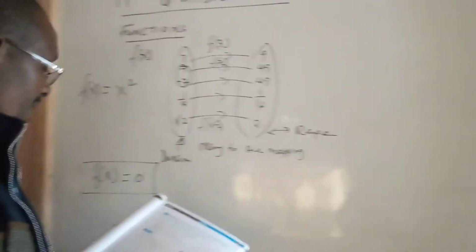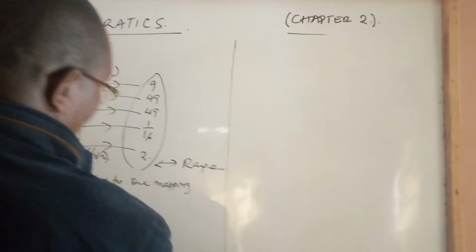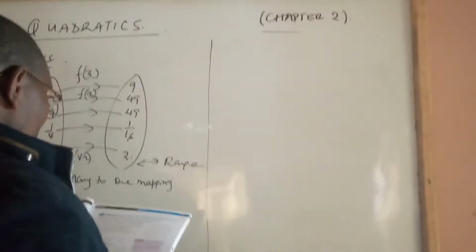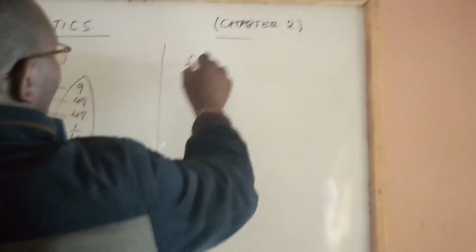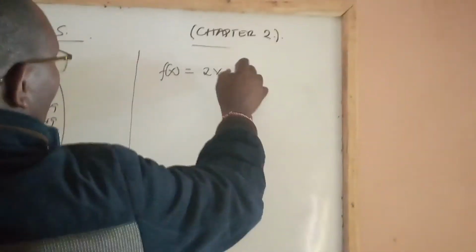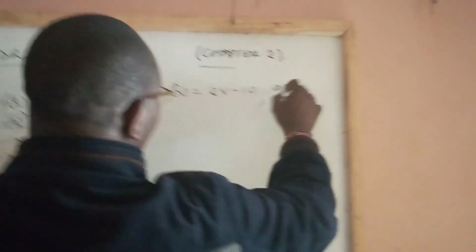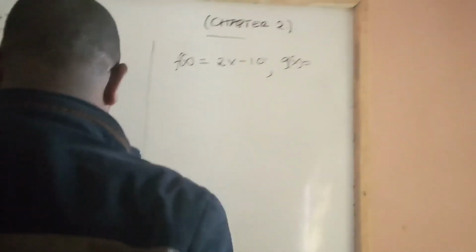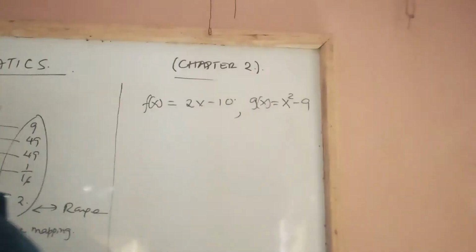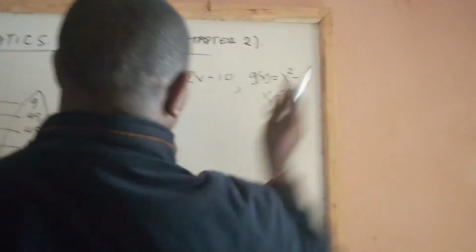In example 8, we are told that the functions f and g are given by f(x) is equal to 2x minus 10, and g(x) is given by x squared minus 9, where all the x are real numbers.